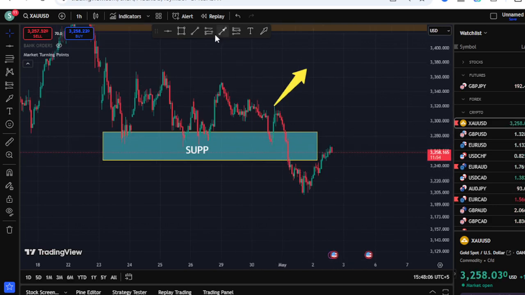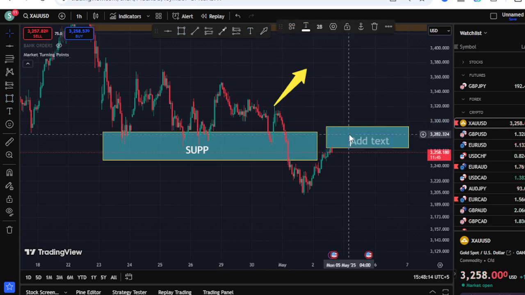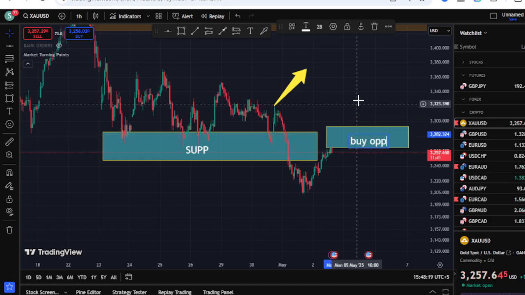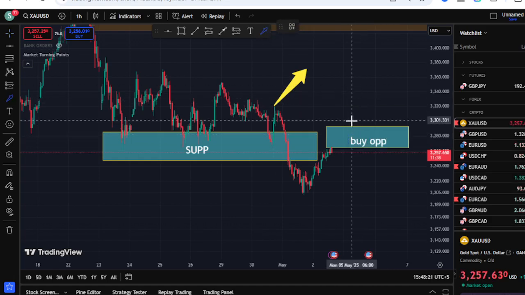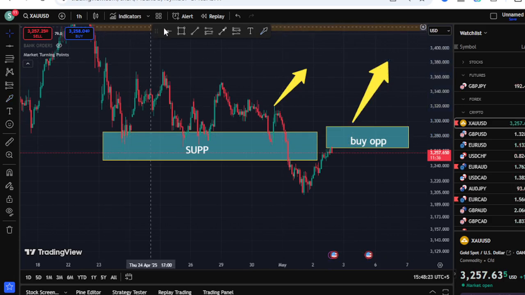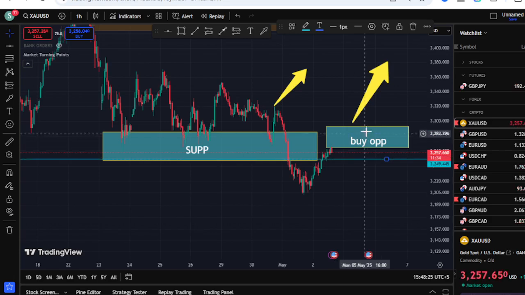Because the market turning points is a real time indicator, if it gives me a level like a buy opportunity here, then we will be looking for the price to go upward and our stop loss will be set just below that level.